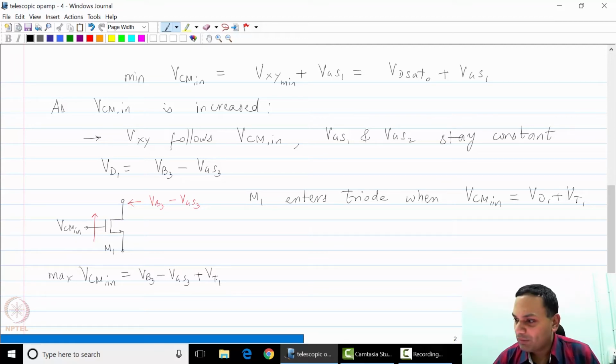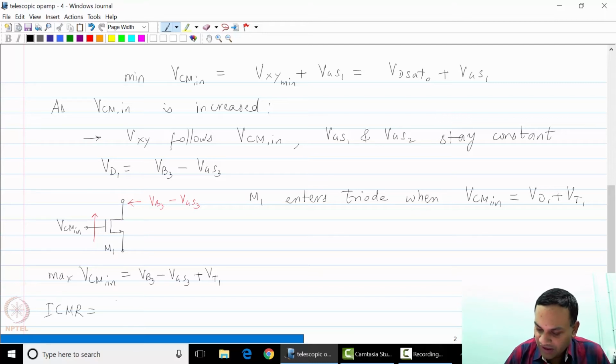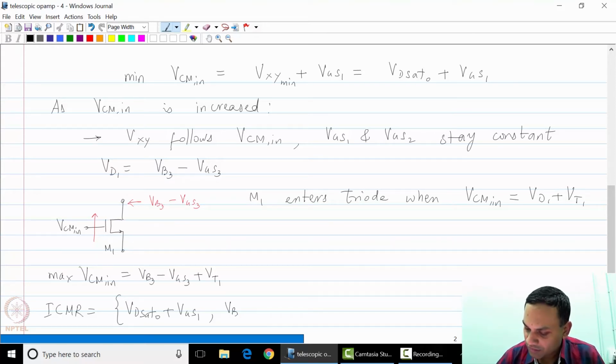So the input common mode range is VD sat 0 plus VGS1, comma, VB3 minus VGS3 plus VT1. So please note that the input common mode range is slightly different from that for the one stage op-amp.